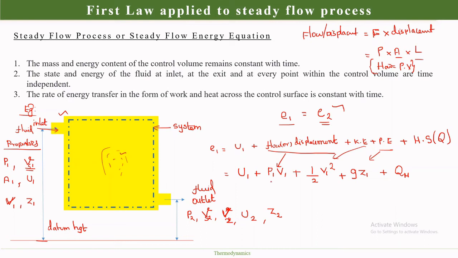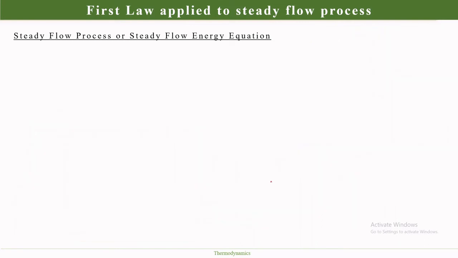Now I need to calculate the energy going out. It is the internal energy at the outlet, the flow energy P2 V2, the potential energy gZ2, plus the work which is done. I will write it as work output W0.